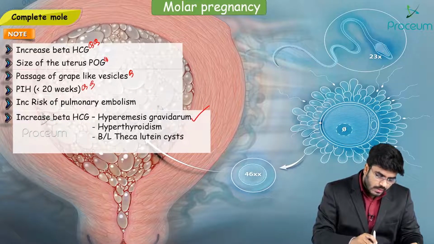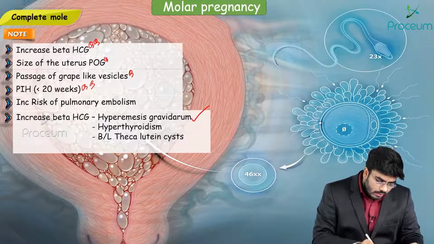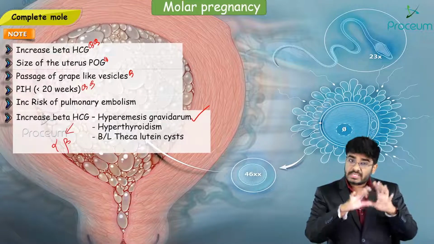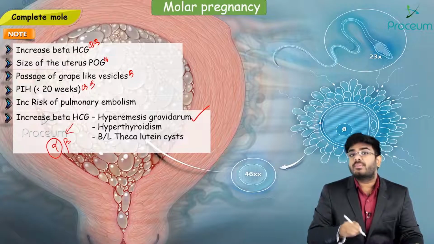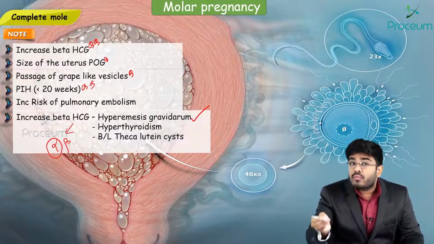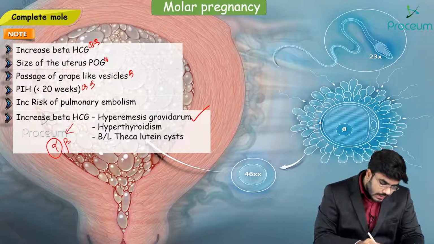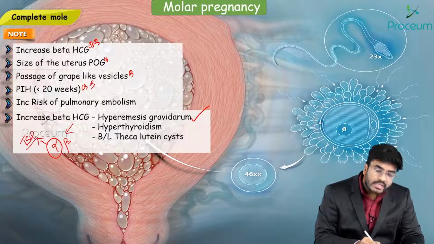True. Now, we all know that HCG has an alpha subunit and a beta subunit. The beta subunit is specific for HCG, and we already know that the alpha subunit of HCG is similar to TSH, thyroid stimulating hormone.